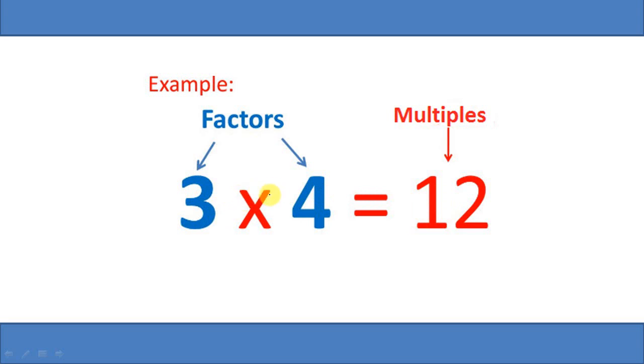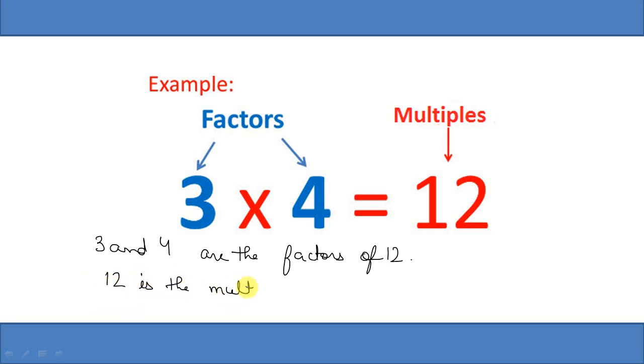I repeat, 3 and 4 are the factors of 12, right? क्योंकि 3 के टेबल में भी 12 आता है, 4 के टेबल में भी 12 आता है. 12 is the multiple of both 3 and 4, क्योंकि 12 3 के टेबल में भी आता है and 4 के टेबल में भी आता है, right?